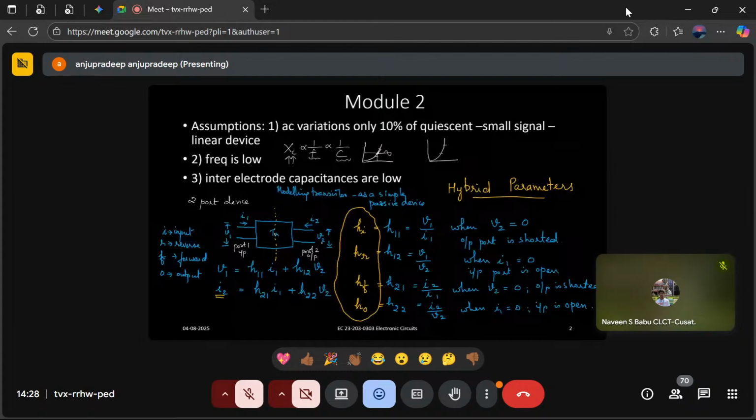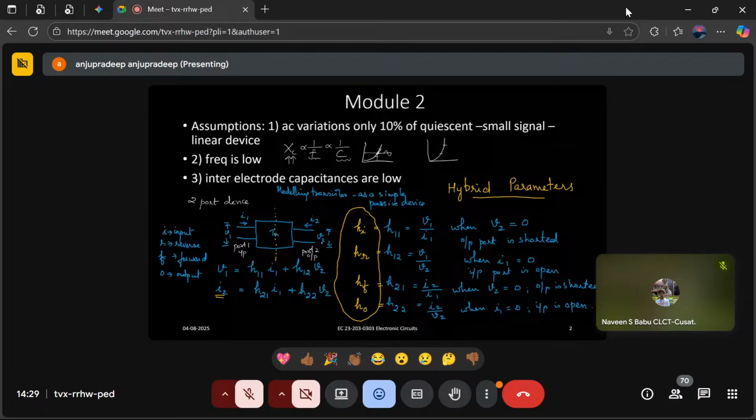At port 1, you can write the equation as V1 is equal to H11 I1 plus H12 V2. For this, you assume that when V1 is given, the effect of V2 is considered separately.